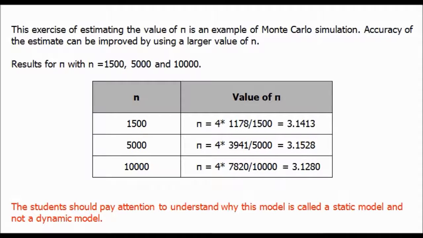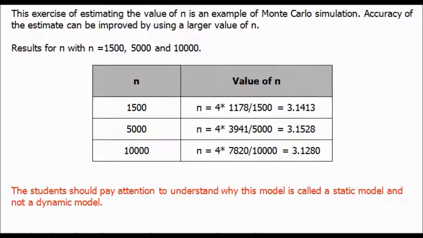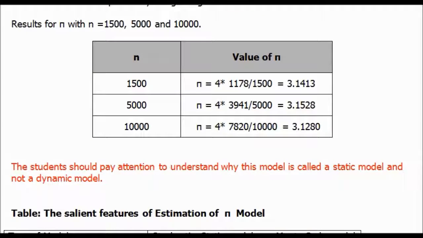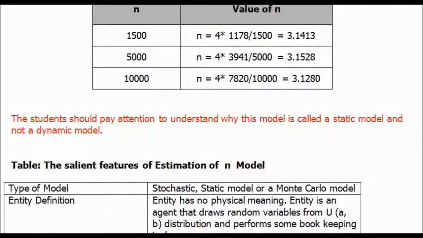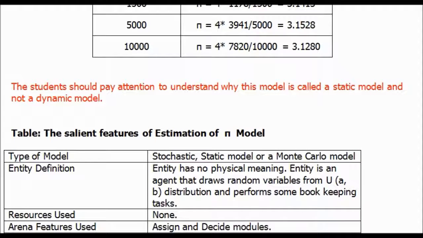Then value of Pi for 1500: Pi equals 4 asterisk 1178 over 1500 equals 3.1413. 5000: Pi equals 4 asterisk 3941 over 5000 equals 3.1528. 10,000: Pi equals 4 asterisk 7820 over 10,000 equals 3.1280. The students should pay attention to understand why this model is called a static model and not a dynamic model.